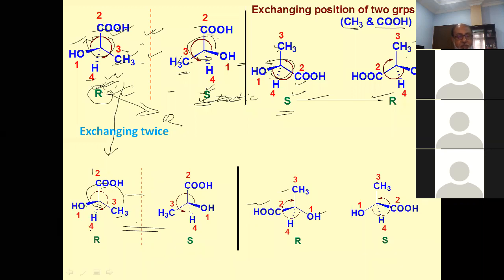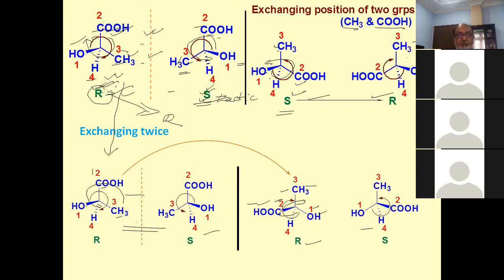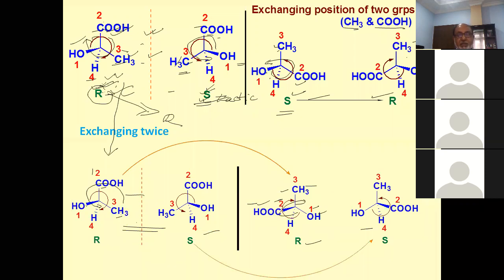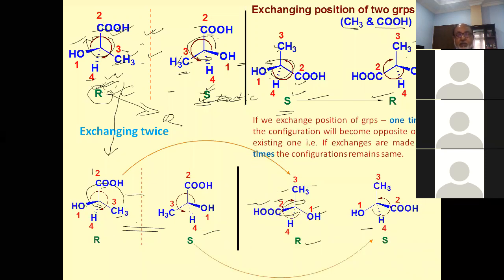So this was R, just see. This is R already. And what is this one? 1, 2, 3. So it has remained as R, and S has remained as S. So what is our conclusion?